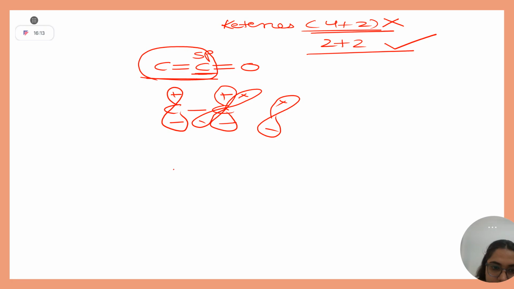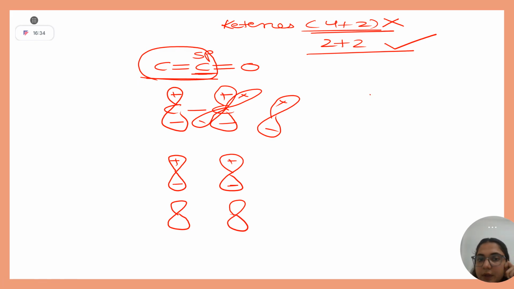Now tell me, if there is an ethylene molecule, in thermal condition, what will be its HOMO, psi 1 or psi 2?